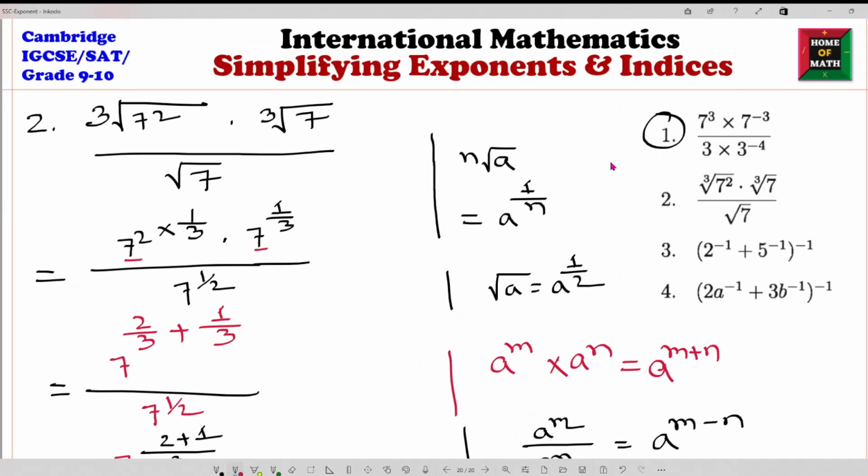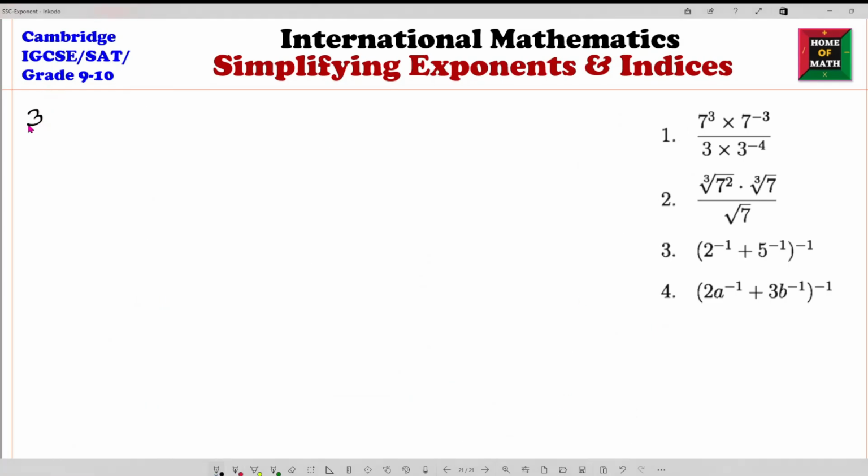Okay, so this is our answer. So number 1 and number 2 are done. Question 3. Here inside the bracket is 2 to the power minus 1 plus 5 to the power minus 1, whole to the power minus 1. It means it's a negative exponent. So these kinds of things we have to understand. What can we do?